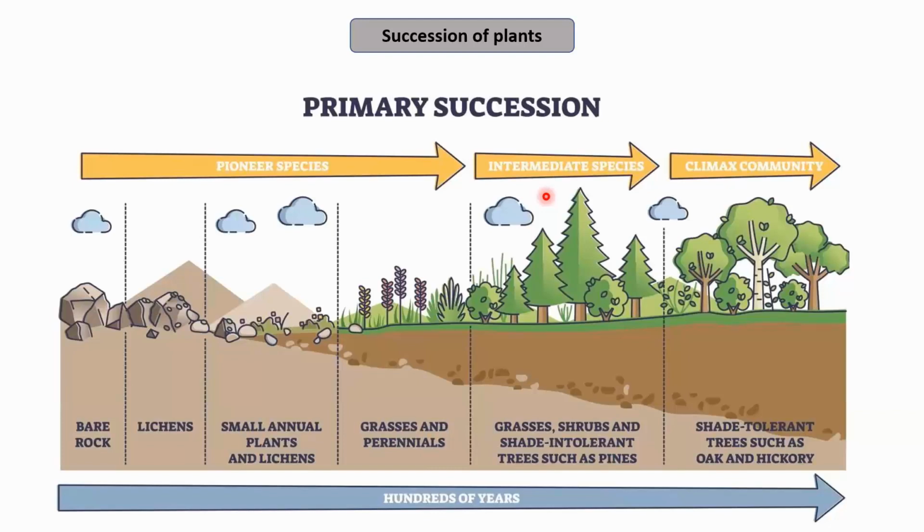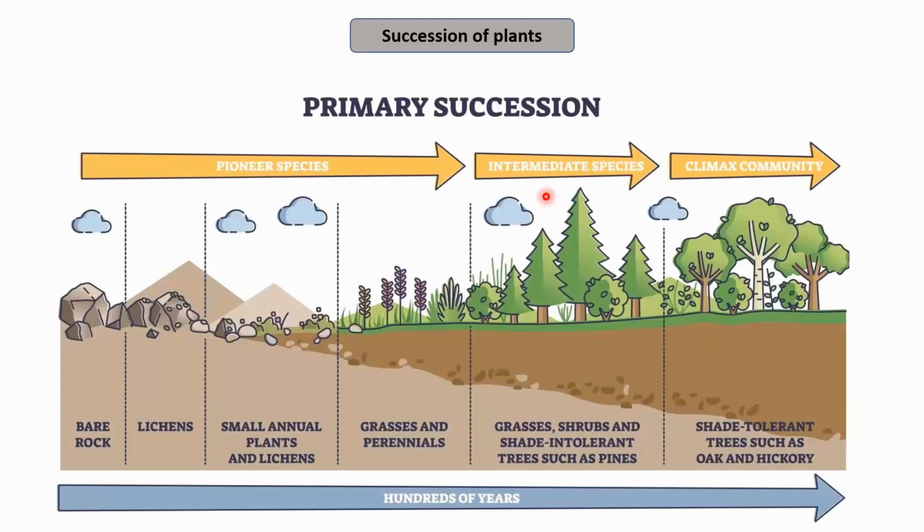These lichens release some chemicals that break down the rock, and ultimately, over a period of 100 or 1,000 years, soil is formed by weathering, erosion, etc., and by the action of lichens.